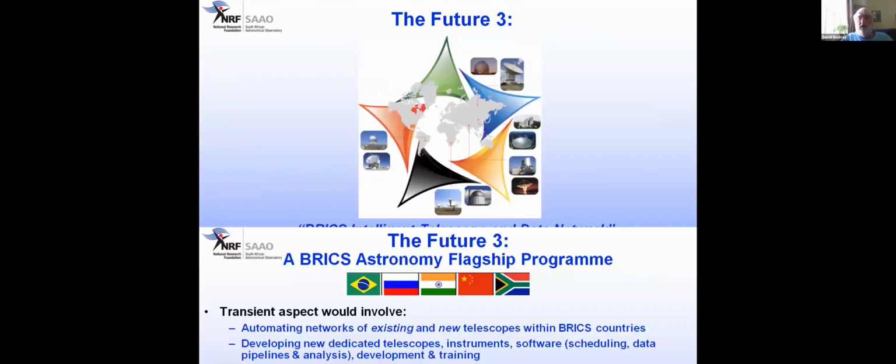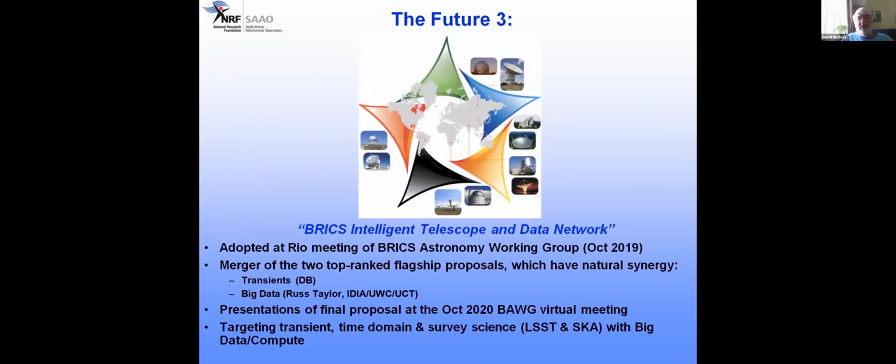It involves both a big data and big compute component, which Russ Taylor is leading, and a transient component, which I'm leading. The idea from the transient side is that just like we are networking our own telescopes in South Africa to do intelligent transient follow-up, we would wish to do this using all of the facilities within the BRICS countries.